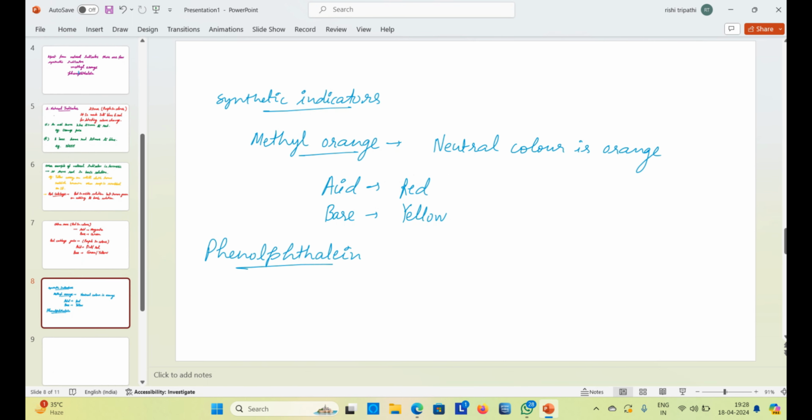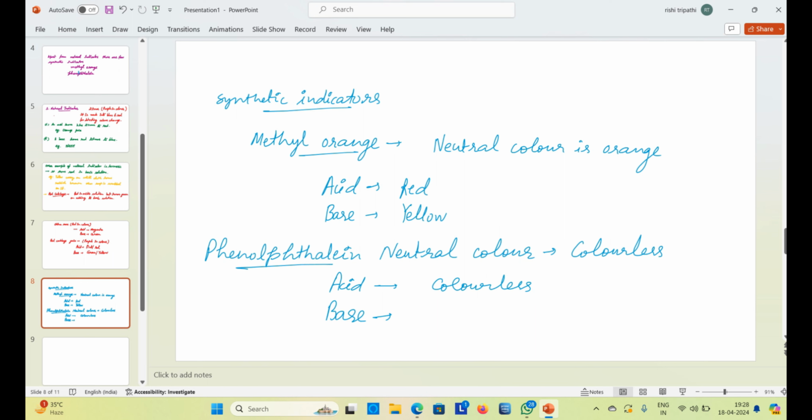Phenolphthalein neutral color is colorless. In acids it will be colorless, and in the bases it will turn to pink color, which is magenta color, pink, or you can say magenta.